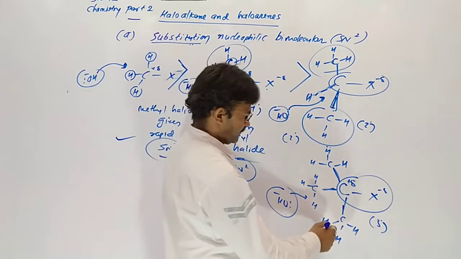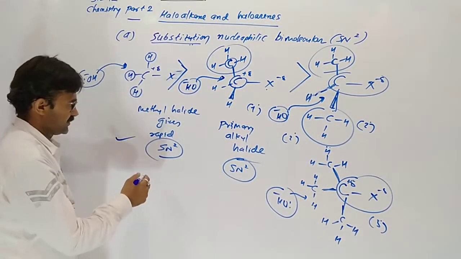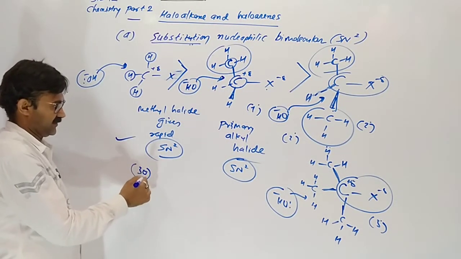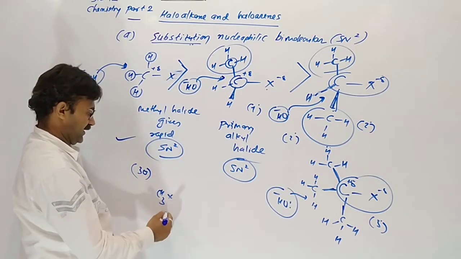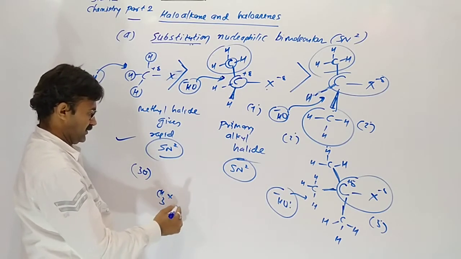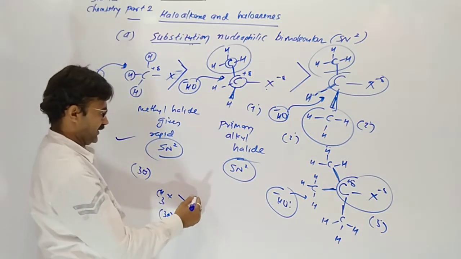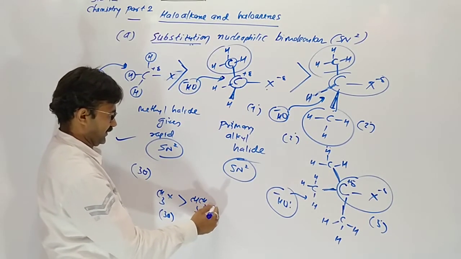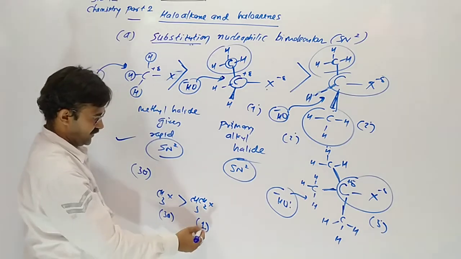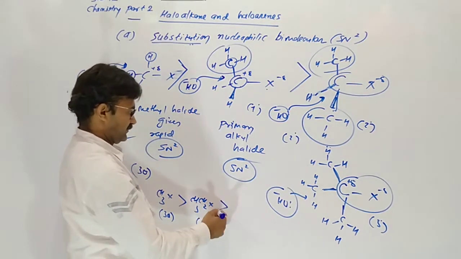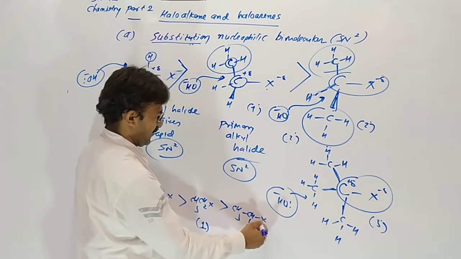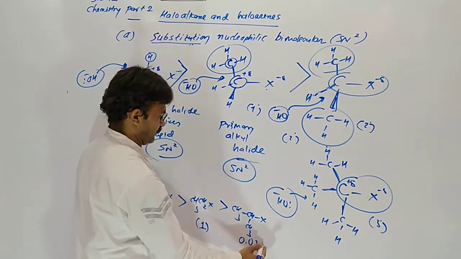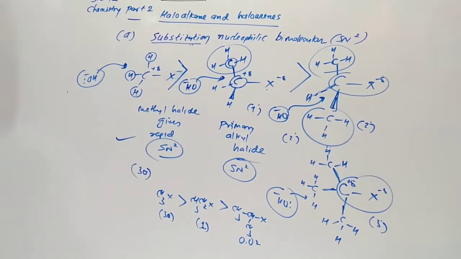Here in your book, speed of reaction is given 30 times more than primary. Methyl halide gives 30 times more speed than primary alkyl halide. Speed is 1, so 30 times more. Now in the secondary alkyl halide, speed of SN2 reaction is 0.02.